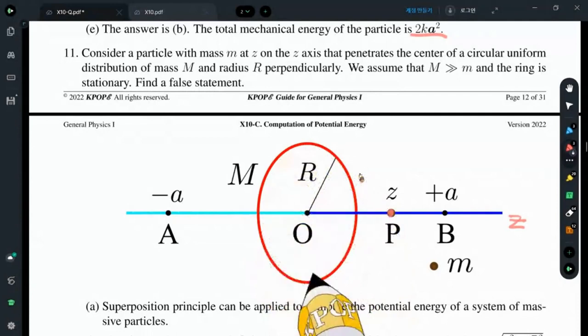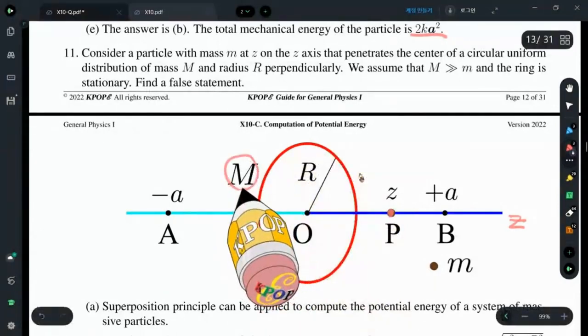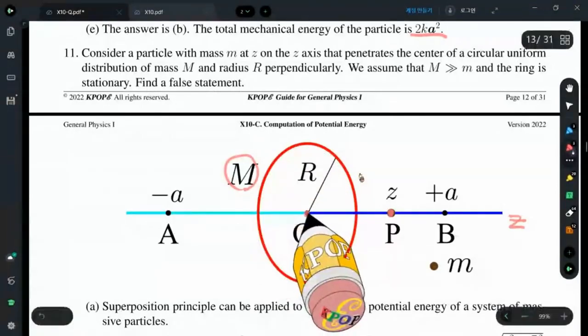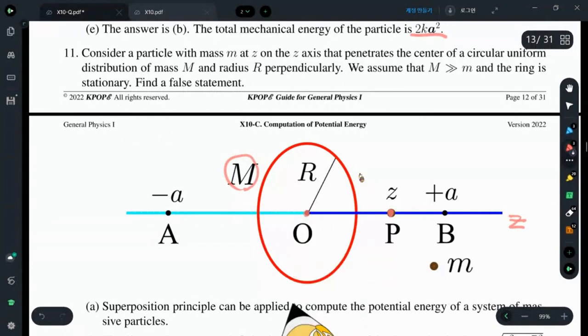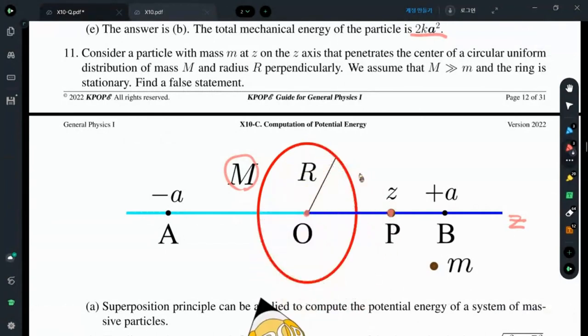This is a circle, and it has a mass capital M, and this circle has the center at the origin. And the radius of this circle is capital R.